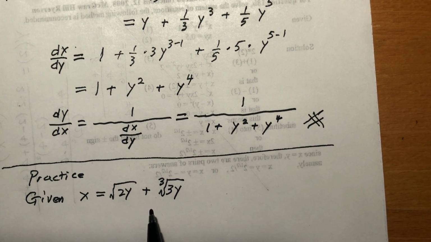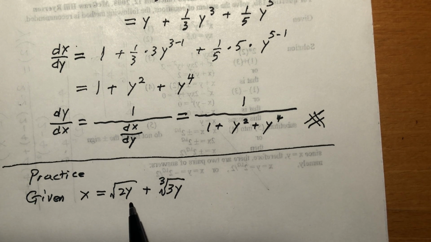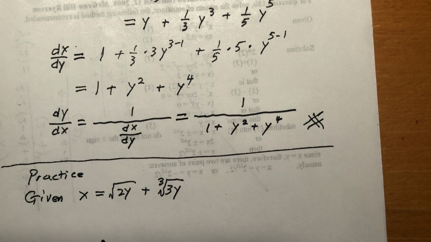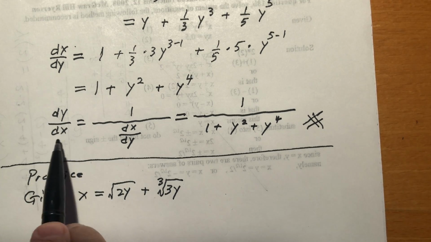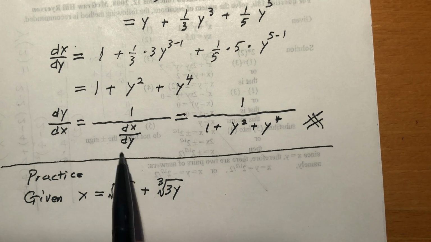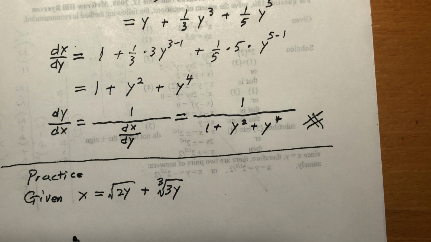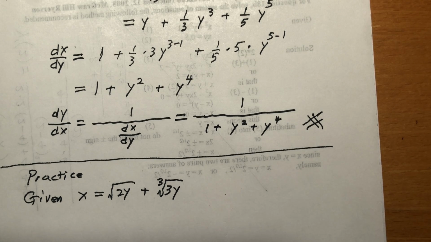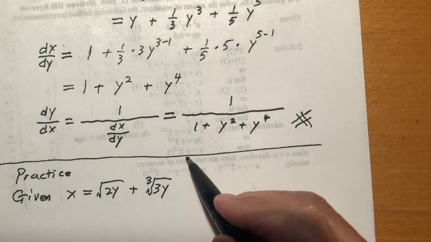You see, for this given function, it's not possible, or at least it is not easy, to find y in terms of x. Therefore, we use this formula. dy by dx is 1 over dx by dy. So this is your practice question, so I give you the answer.